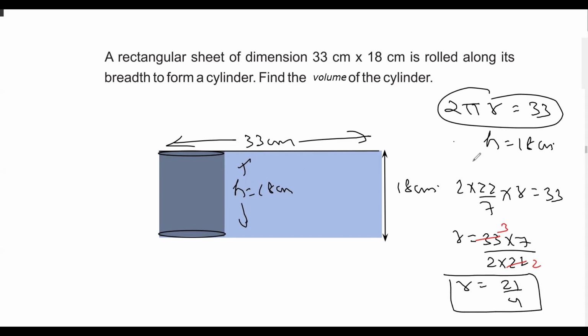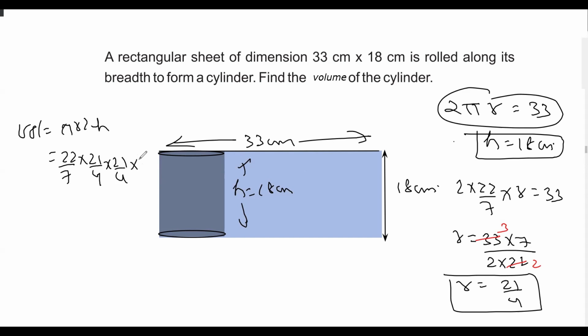Now we have the radius, and the height was already given. So by placing the formula, the volume of a cylinder is pi r square h. Pi is 22 over 7, radius is 21 over 4 into 21 over 4, multiplied by the height, 18. We can reduce 7 1 times, 7 3 times, 2 2 times, 2 11 times.